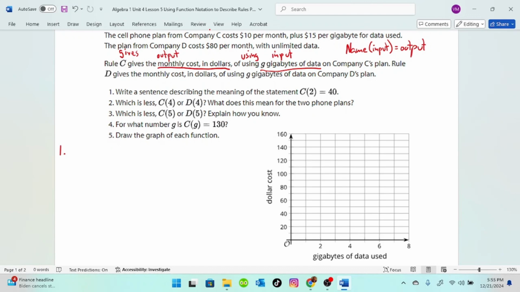So for number 1, Company C charges $40 for 2 gigabytes of data.